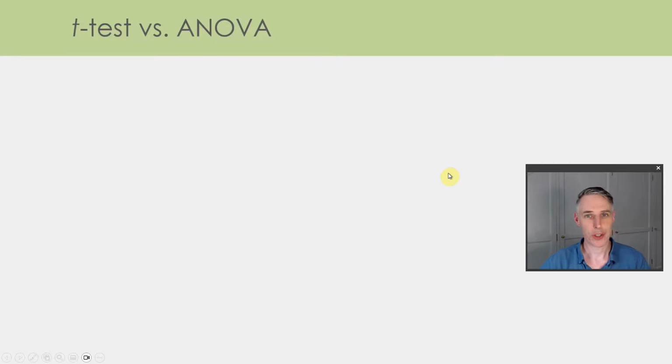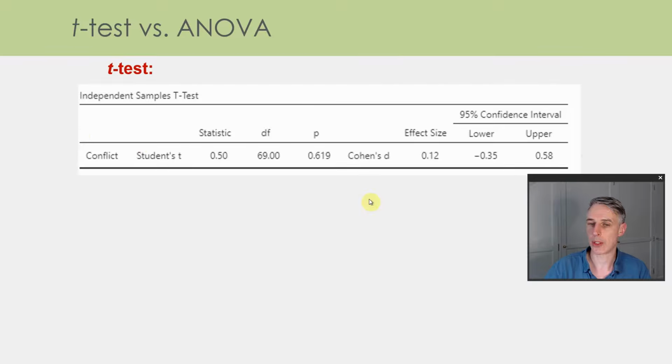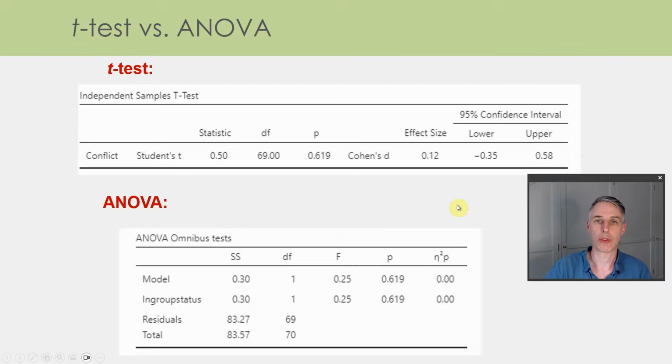Well, again, as I've emphasized, these are both actually just instantiations of a general linear modeling approach to doing our analysis. They are fundamentally the same thing, okay, as we will see from the output. So here is the key output from the t-test, and here's the key output from the ANOVA.